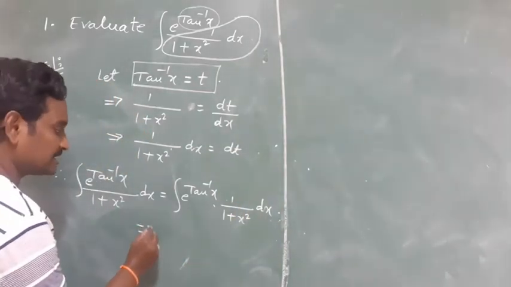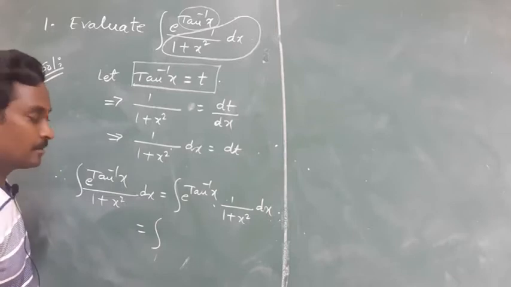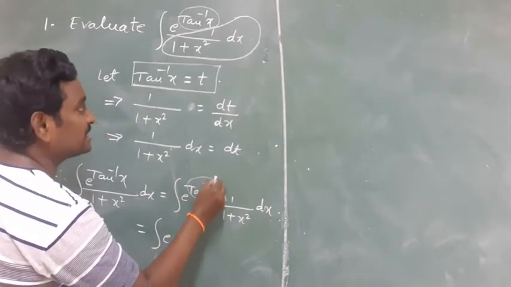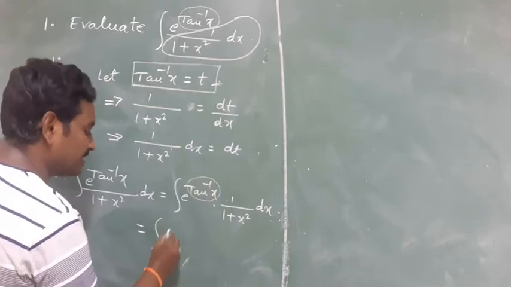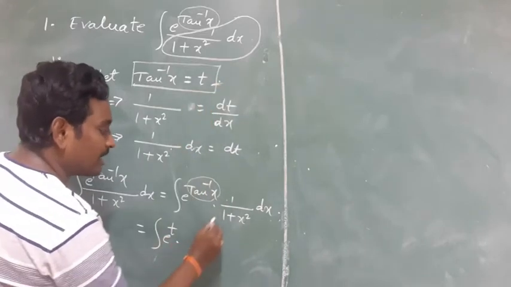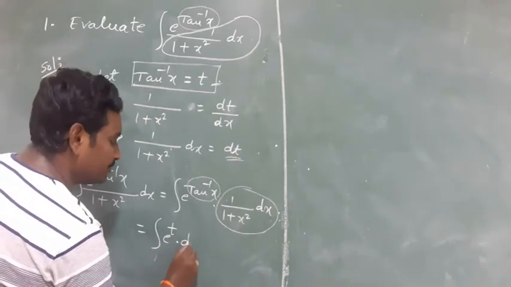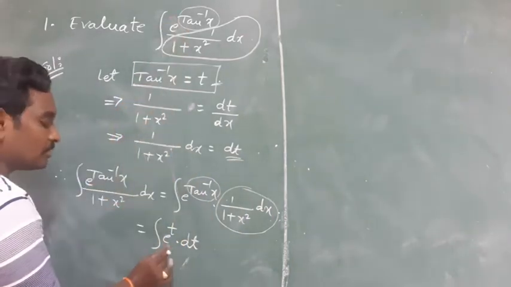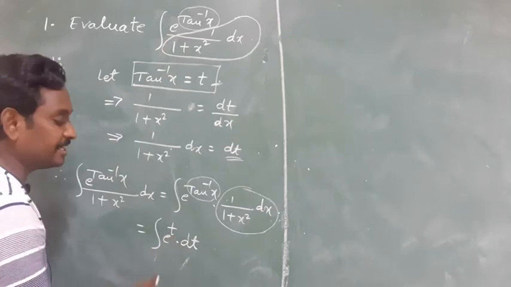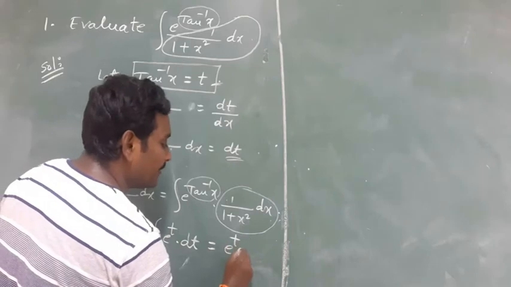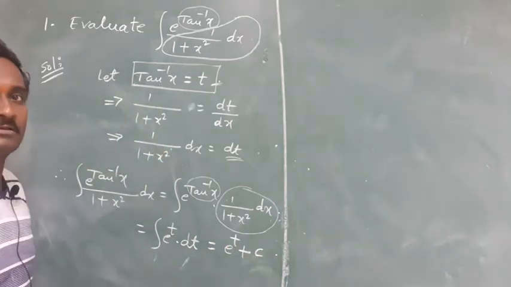That is equal to integration of e power, and we have tan inverse x here, but what is tan inverse x? t. That's why replace it with t. And 1 by 1 plus x square dx is dt. So simply the given problem is integral e power t dt. What is the integration of e power t? Itself, e power t. Integration is completed, plus c.